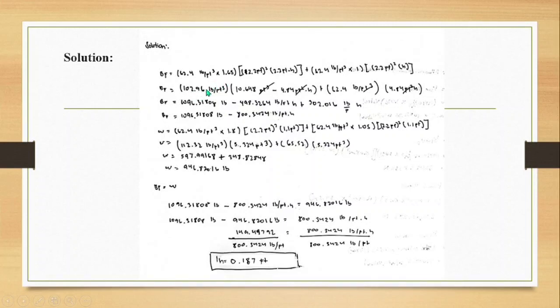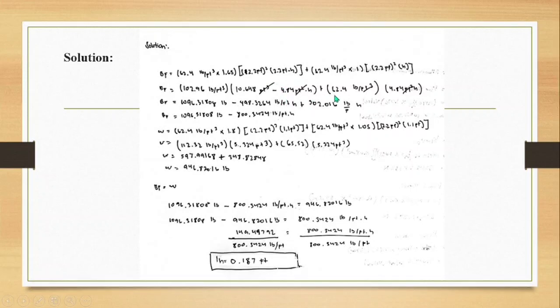Next is 10.648, which we get by multiplying 2.2 feet squared times 2.2. Then 4.84 feet times h is what we multiplied, but it is 2.2 times 2.2 only, not 1 squared.